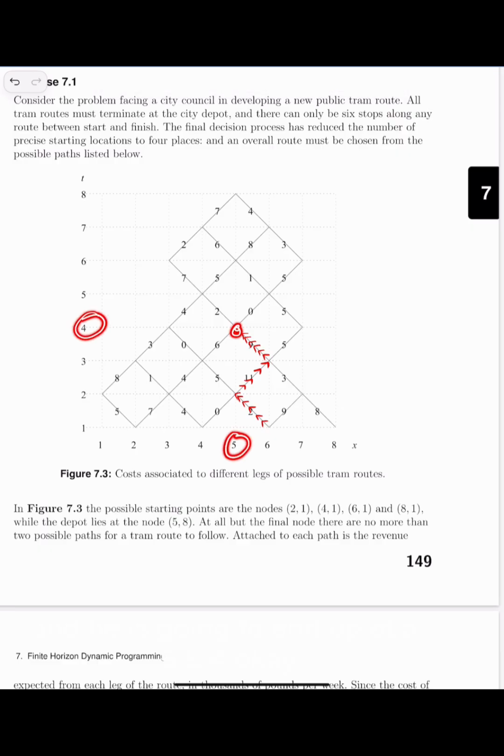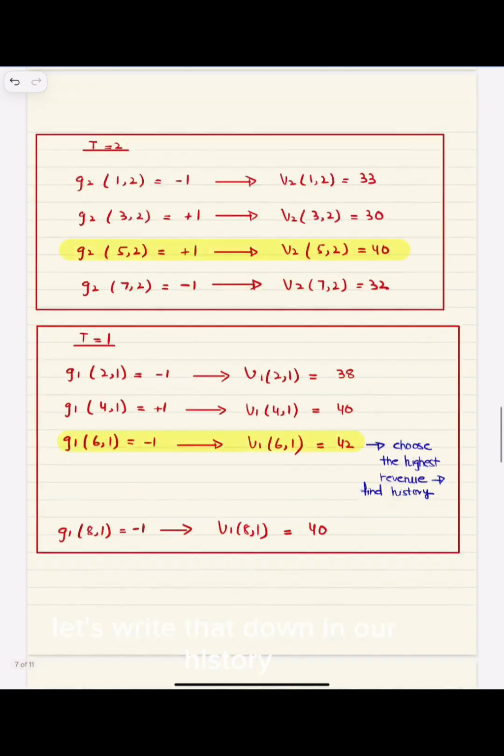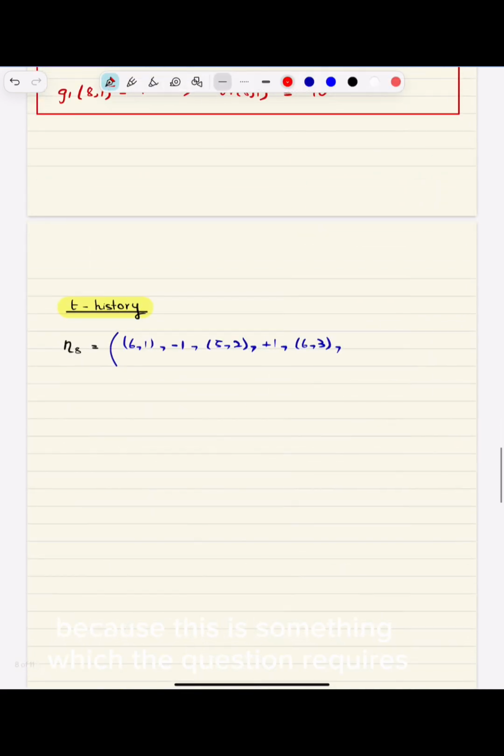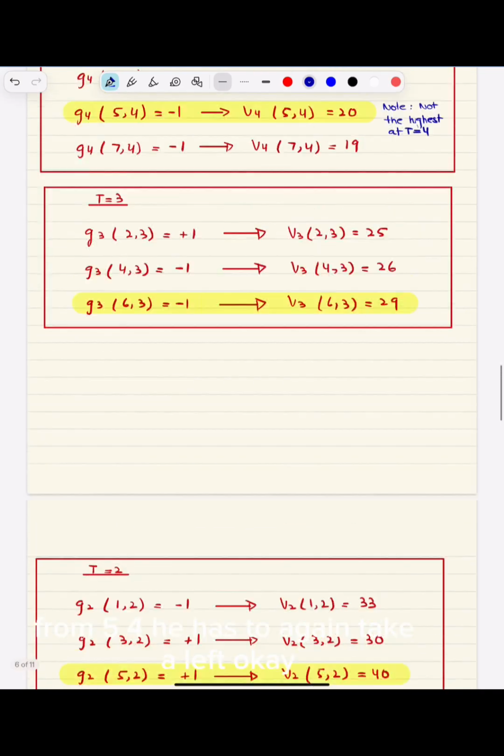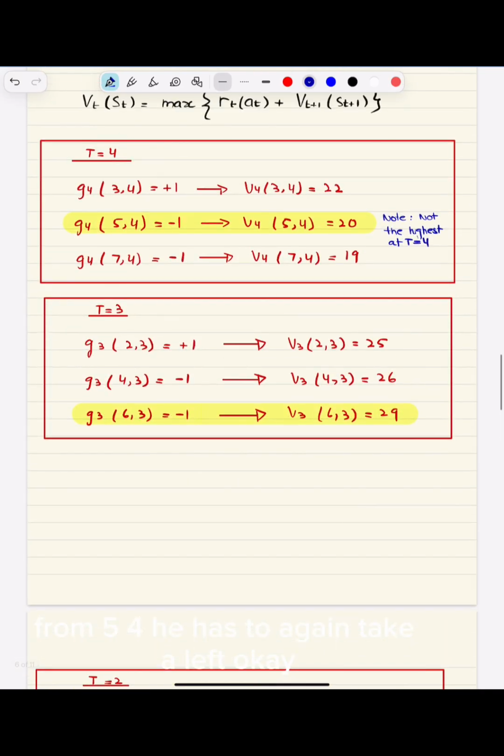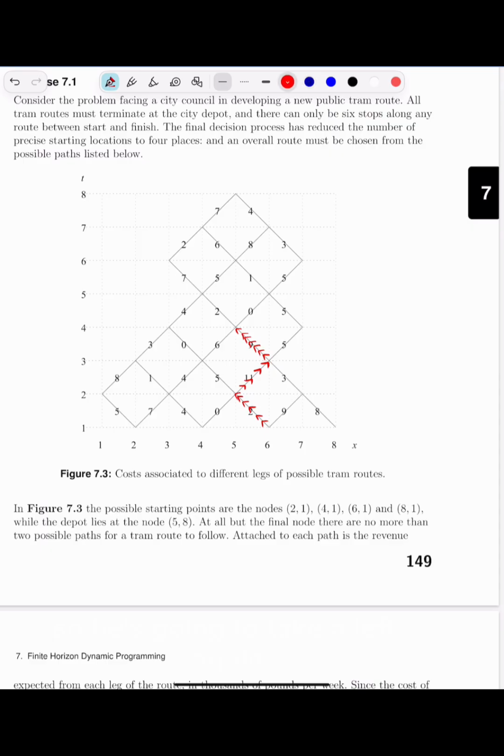Okay, let's write that down in our history because this is something which the question requires. So he has to take a left and he's going to end up at 5, 4. Okay, from 5, 4, he has to again take a left. Okay, so he's going to take a left again.